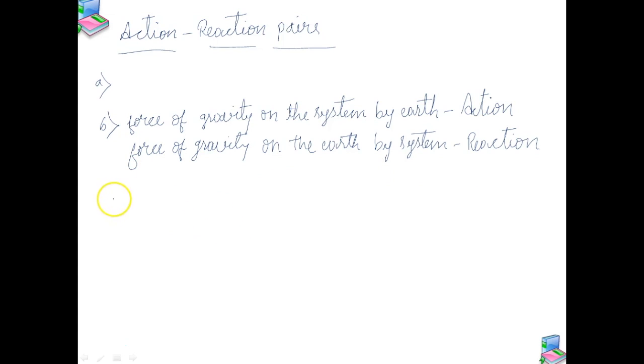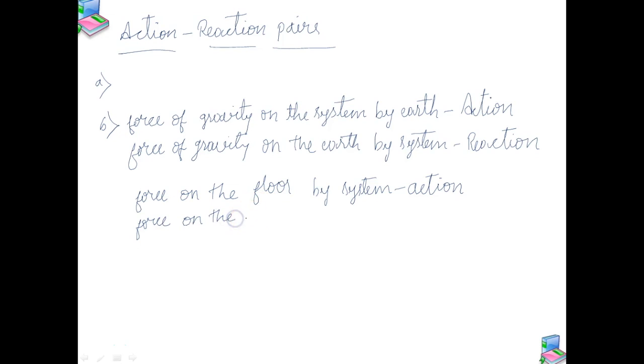And similarly, one more case here only, the force on the floor by the system, we can consider it as action, and the force on the system by the floor is reaction. Isn't it?